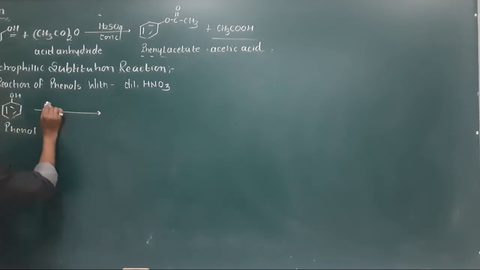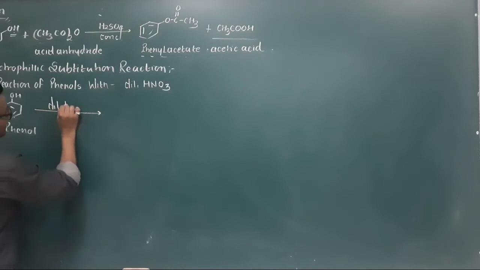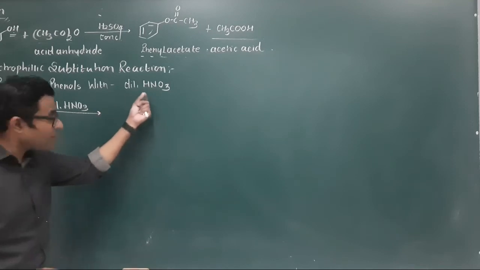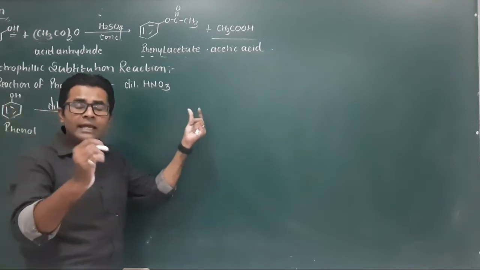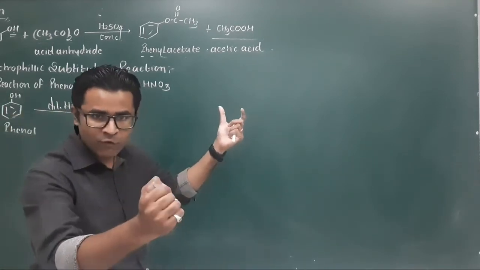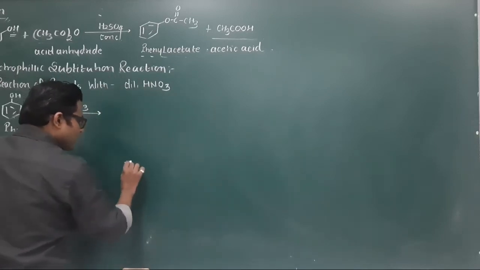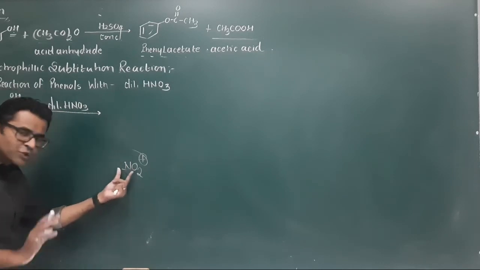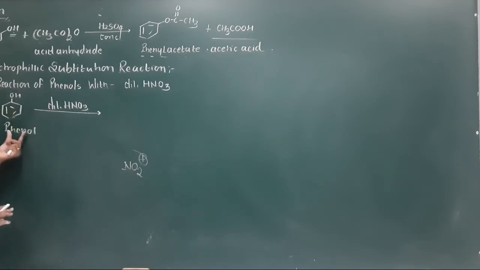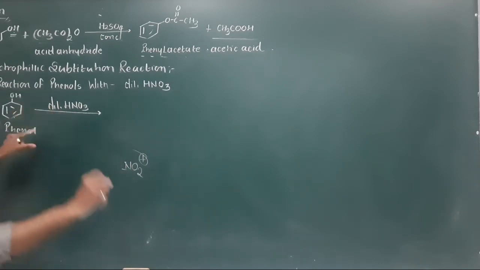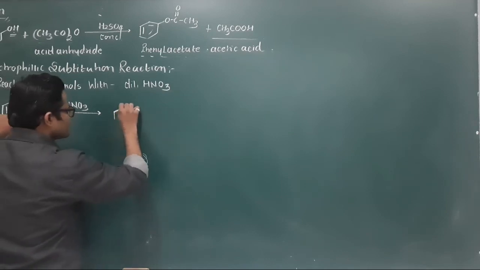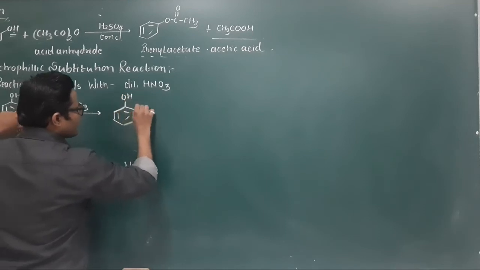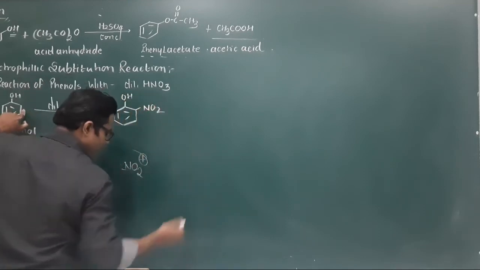Upon reaction with dilute HNO3, the dilute HNO3 gives rise to NO2 as an electrophile. So the electrophile generated in this reaction is NO2. NO2 will react with the phenol at two positions. One at the ortho position over here, that is OH, and here is the NO2, right?